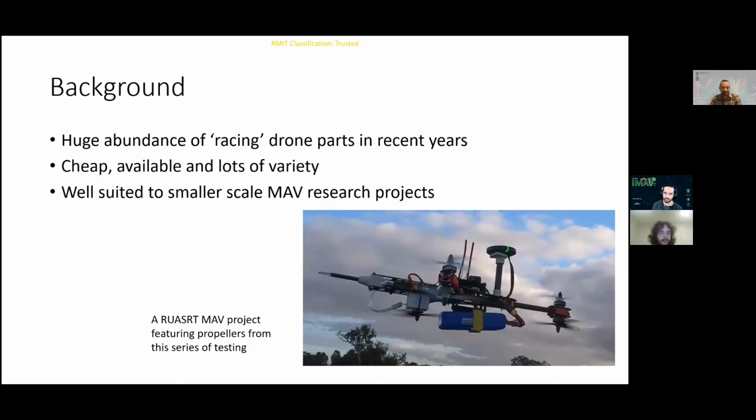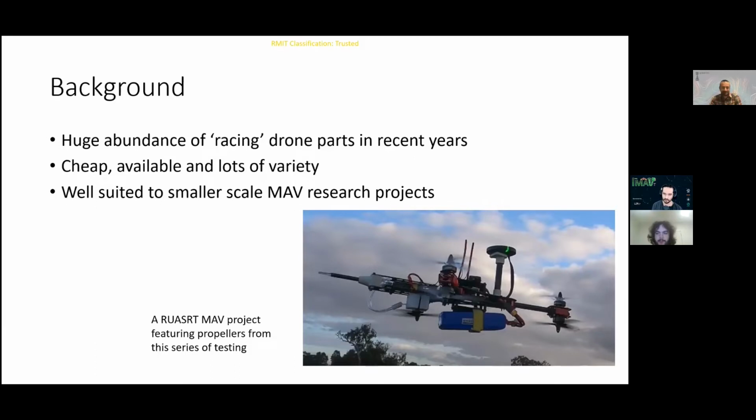So sometimes there are some very unusual or otherwise difficult to get a hold of parts that are now readily available. So for certain MAV research projects, this presents itself extremely well.